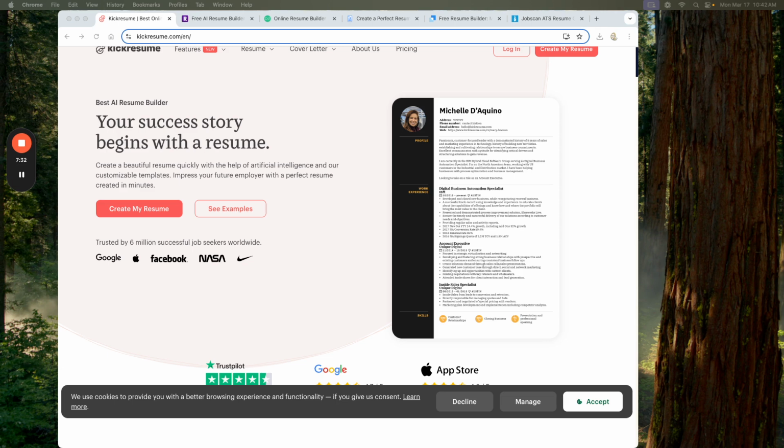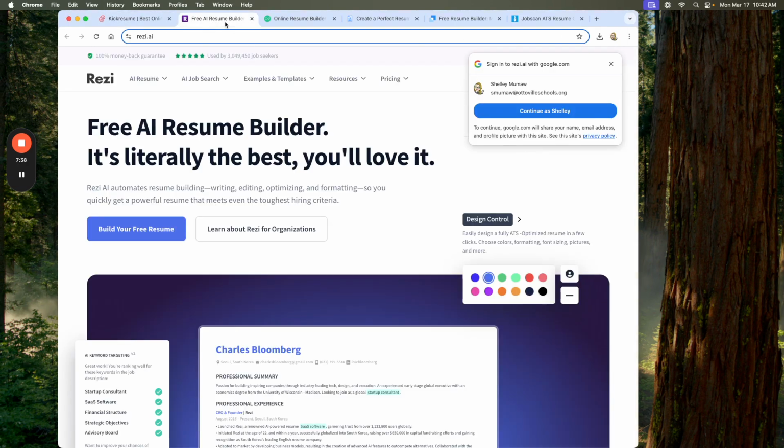The next one is what is referred to as Rezi, spelled R-E-Z-I, and it again is used for resume creation, with different styles. It looks at the keywords and skills, and then provides information for improving.